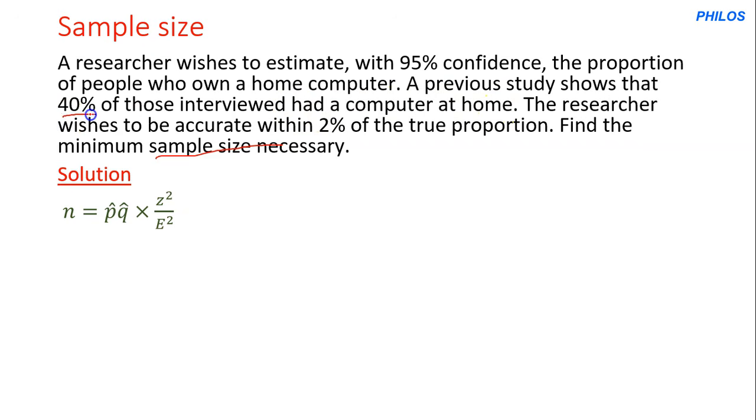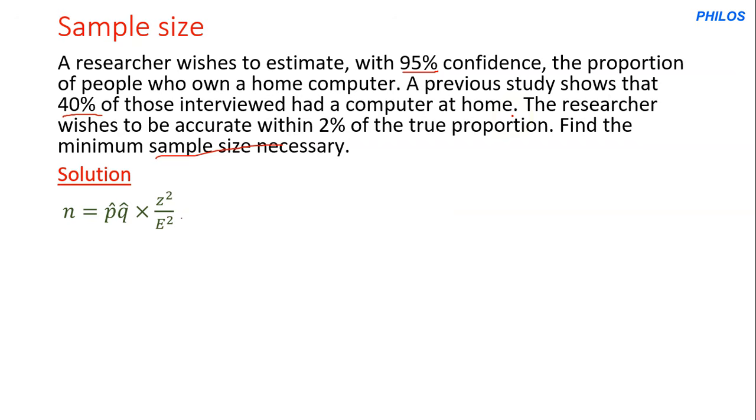So the p hat is 40%, that is 0.4 when you convert it to decimals. And the q hat should be 1 minus 0.4, and that will be 0.6, isn't it? Also, the question gave us 95% confidence, and remember, under z, whenever you have 95% confidence, the z score is 1.96, isn't it? So we know our z score also.